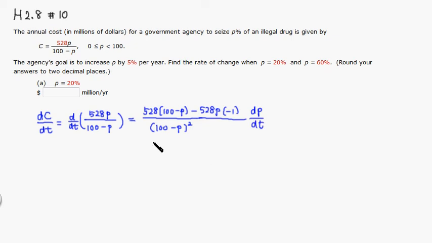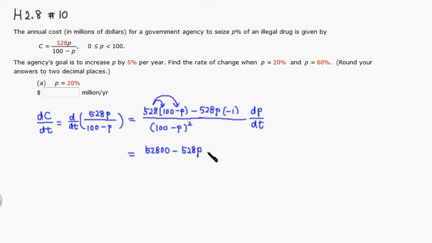So maybe we should clean up a bit. Multiply out: 528 times 100, so 52,800, then a negative 528p. Distribute 528 to 100 and negative p, we get that.